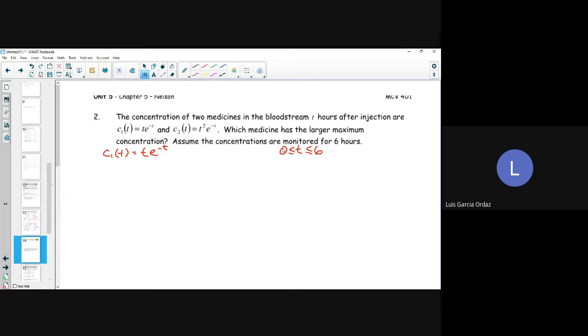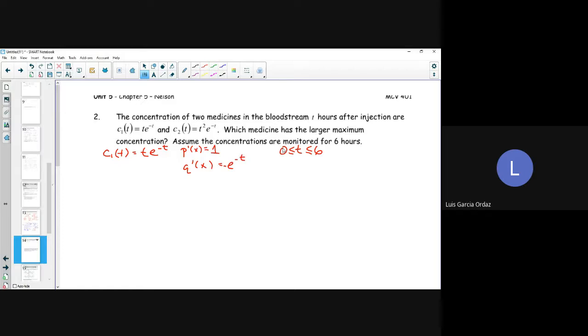So what law are we going to be using? Product. We're going to be using the product rule. My P of x is T. My Q of x is e to the negative T. So my derivative of P of x, which is just T, is going to give me 1. And the derivative of Q of x is going to give me negative e to the negative T.